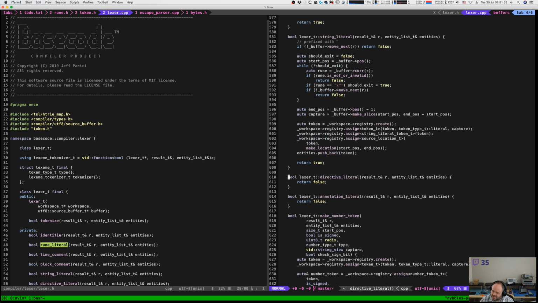Do I need to do these? Why did I want to do these? I mean, these essentially can just call identifier, because that's what they are.